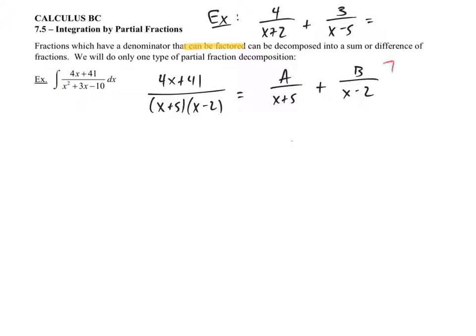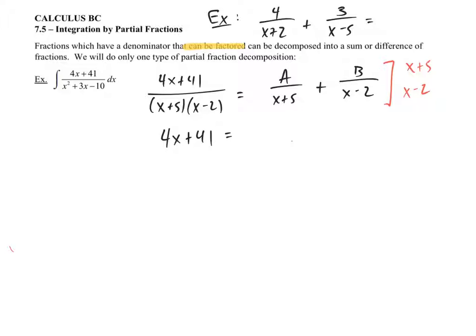In order to do that, I'm going to multiply this entire equation by both of these denominators, x plus 5 and x minus 2. When I do that, on the left-hand side, both denominators are present, so the only thing left is the numerator, 4x plus 41.